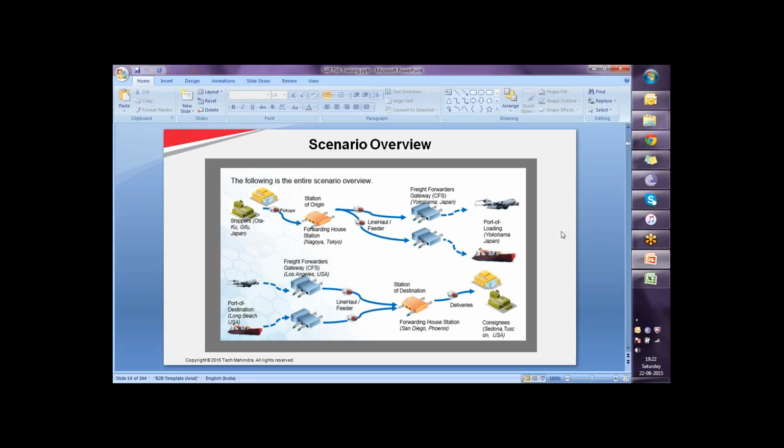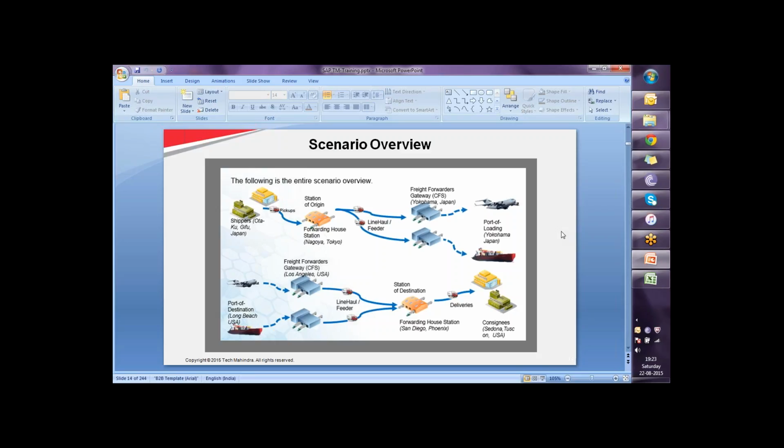That truck picks up the goods from that warehouse and takes them to the station of origin. This station of origin is basically a forwarding house, which is owned by a freight forwarder. From this station, quantities are loaded onto the truck, or consolidation happens onto the truck. Big line feeder trailers, 14, 16 trailers basically.